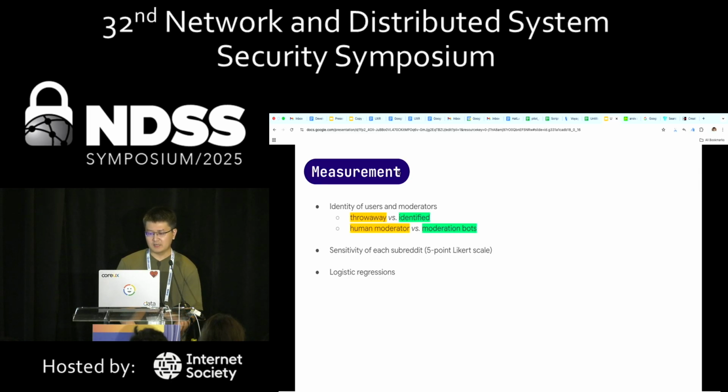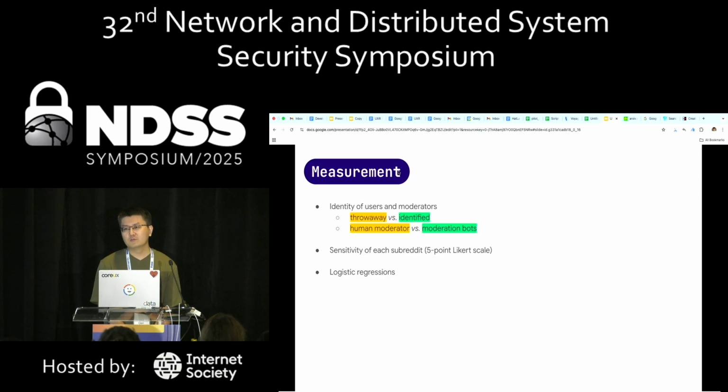Now let's talk about the things we measured in this study. We measured the identity of users and moderators to distinguish between throwaway accounts versus identified accounts, and similarly human moderators versus moderation bots. We did this by programmatically looking at each username of all accounts, following rules from the literature.